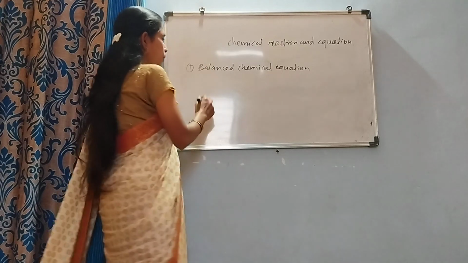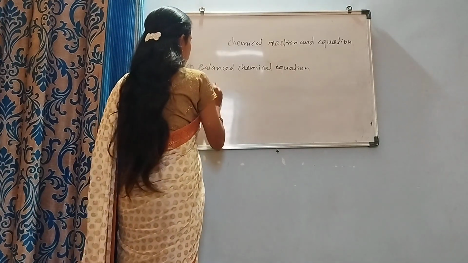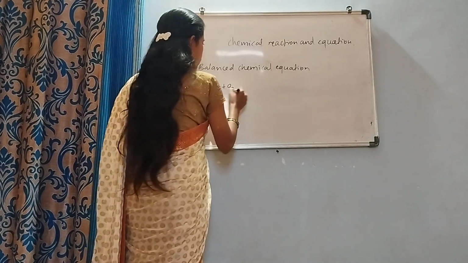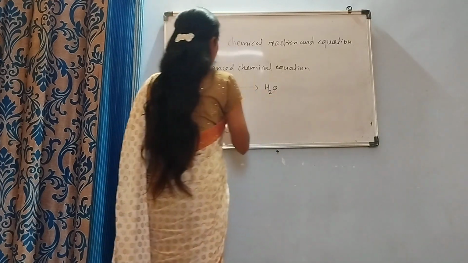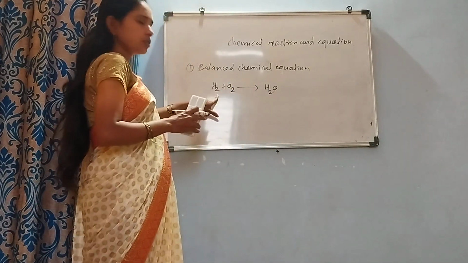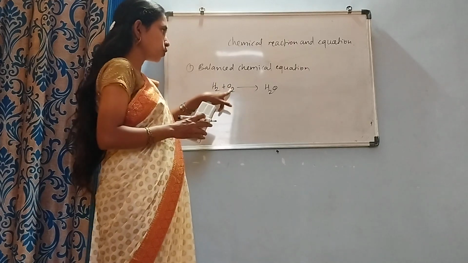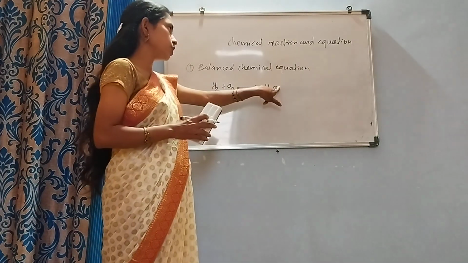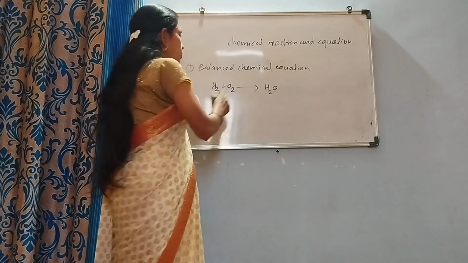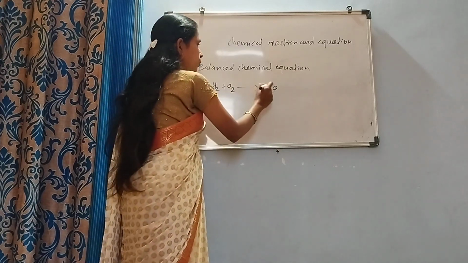I'll write down one example here. H2 plus O2 forms H2O. Here, two hydrogen atoms are there, two oxygen atoms are there, but in the product only two hydrogen and one oxygen. So in this case we have to balance it. Two oxygen, so we can take two H2O here.